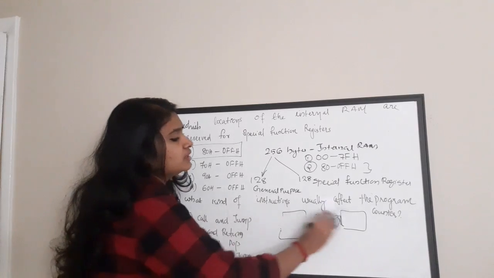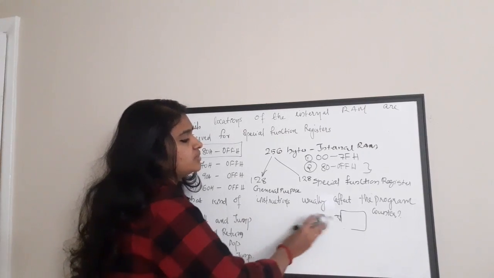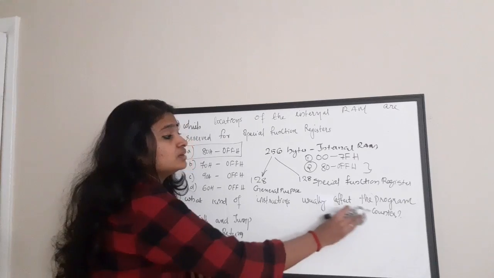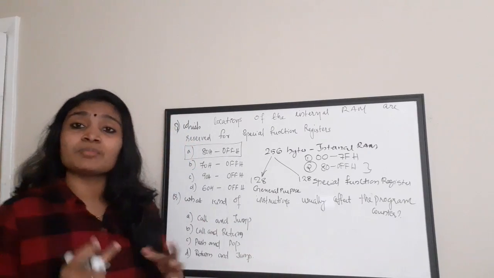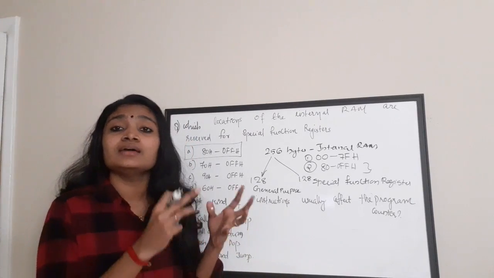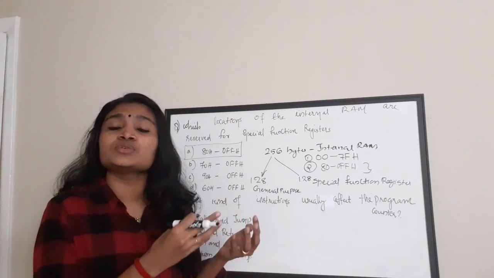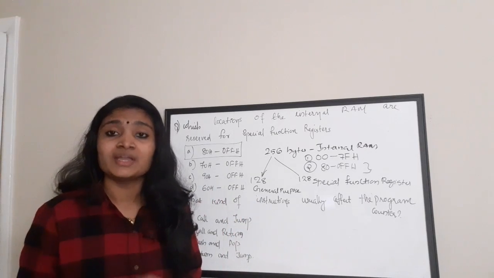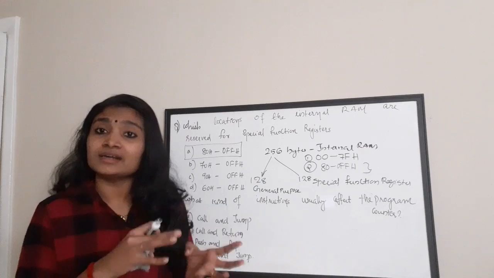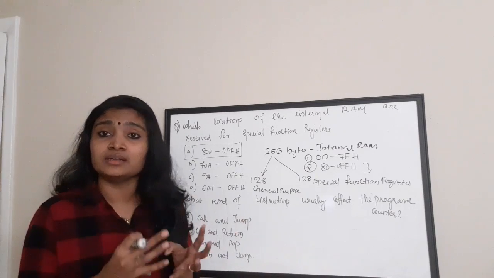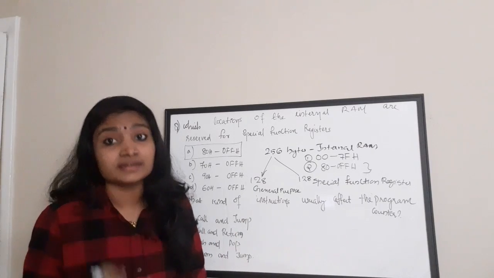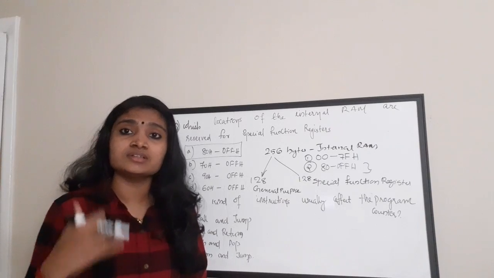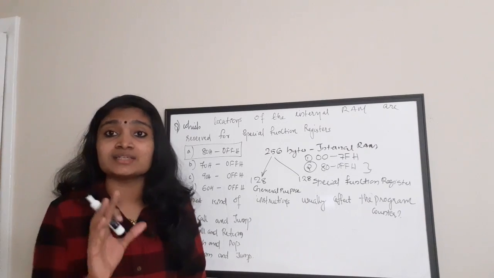So when a call is used, whenever the processor is in need of some other routine, it will call this routine from the main program, and in order to return from that routine, the last instruction is a return instruction, and it returns back to the main program. So that is what happens in a call.